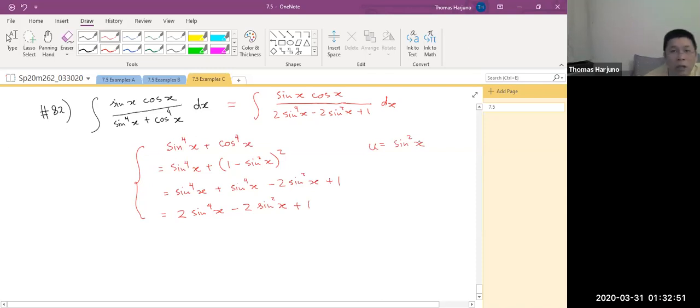Or you can also say u equals sine x, that will work. The reason I say this is because I see that the derivative is 2 sine x cosine x dx. Which means now I can go here, that equals 1/2 integral du over 2u squared minus 2u plus 1.